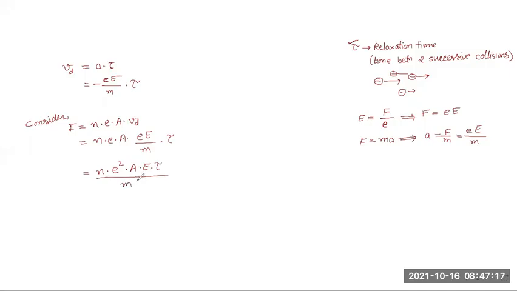This equation is important in terms of discussing the dependencies of current on the drift velocities. We can write the equation in this form, which can easily be replaced by an alternative form if the MCQs need it. It's like N e square, and then we represent the electric field intensity as volt per length, into tau, and m was already there.